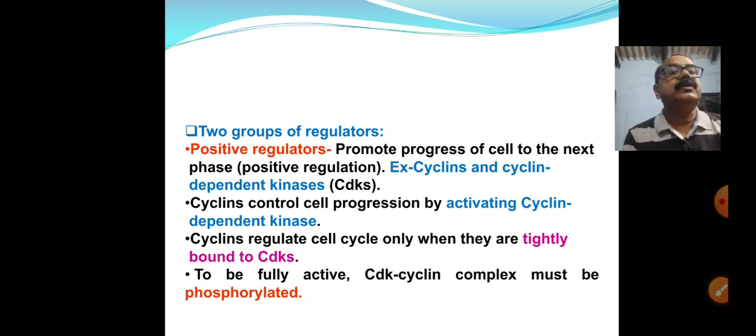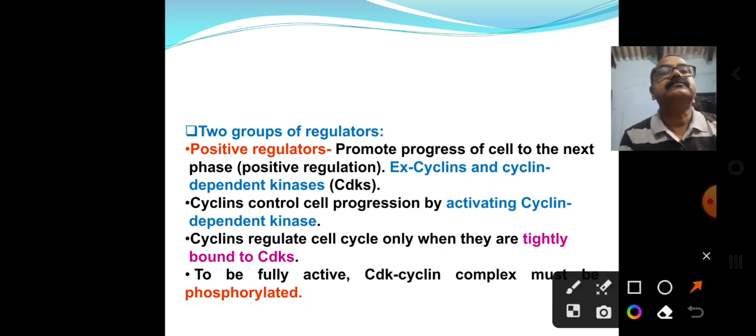There are two types of regulators. These are positive regulators. These promote progress of the cell to the next phase, which is known as positive regulation. Examples of positive regulators are cyclins and cyclin dependent kinase. Cyclins control progression of cell cycle by activating cyclin dependent kinase.